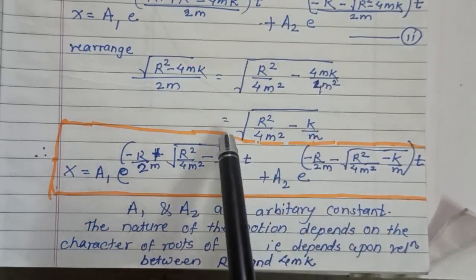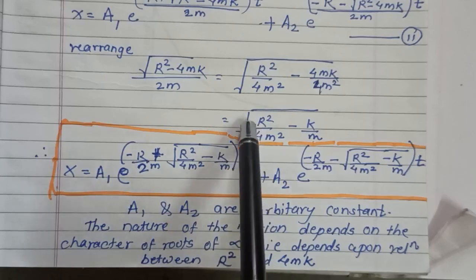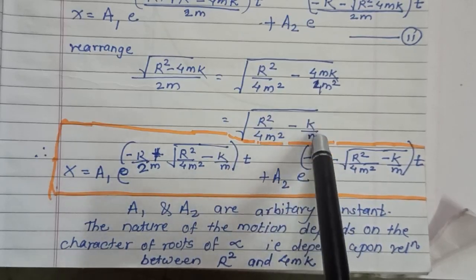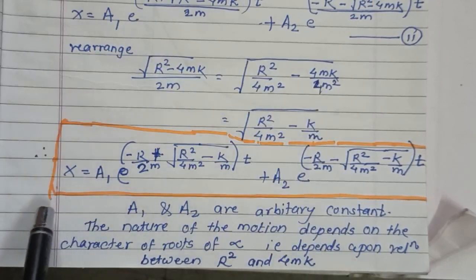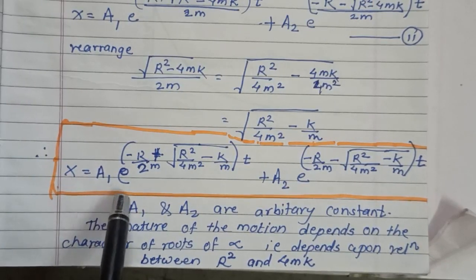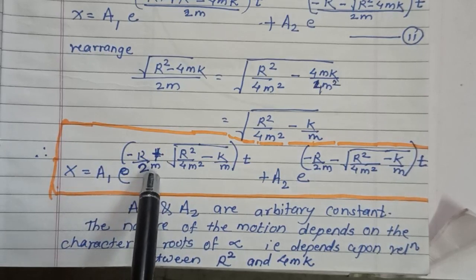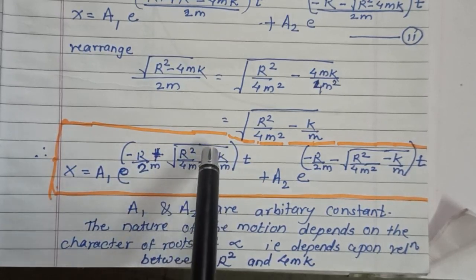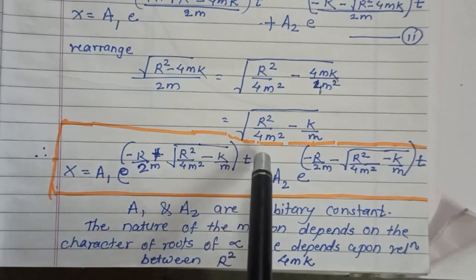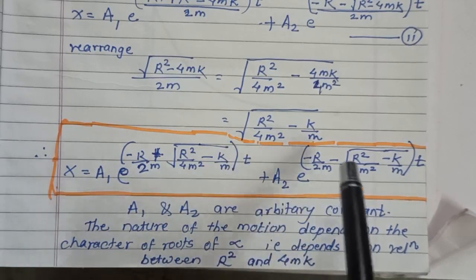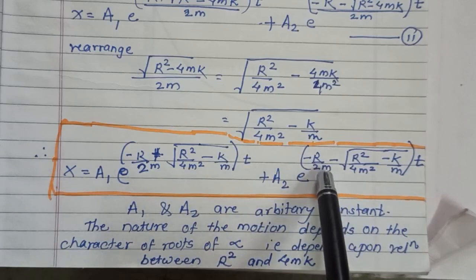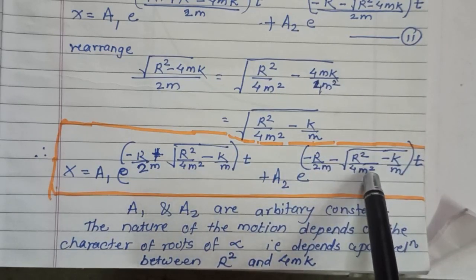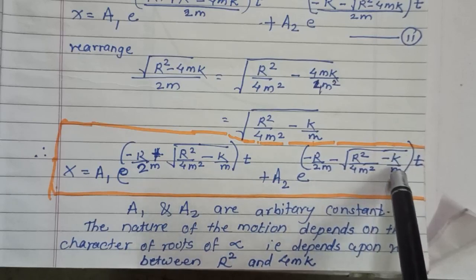On simplification that is equal to square root of R square upon 4m square minus k by m. Then the solution x is equal to a1 e raised to minus R upon 2m plus square root of R square upon 4m square minus k upon m into t, plus a2 e raised to minus R upon 2m minus square root of R square upon 4m square minus k upon m into t.